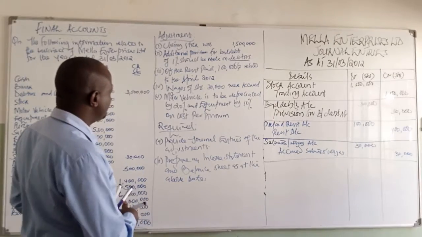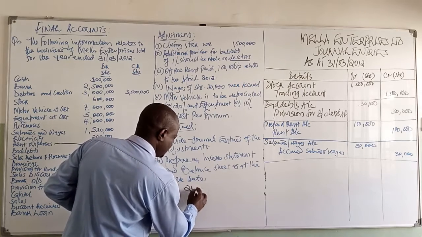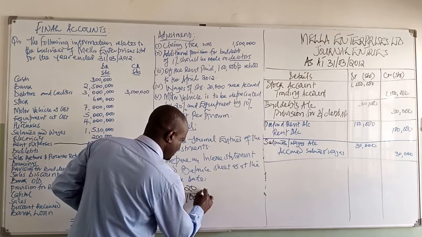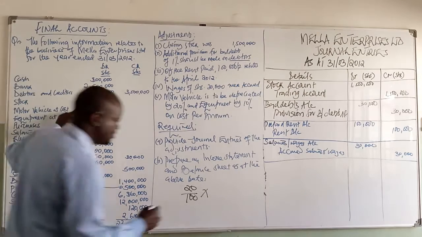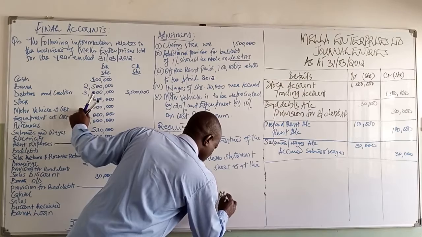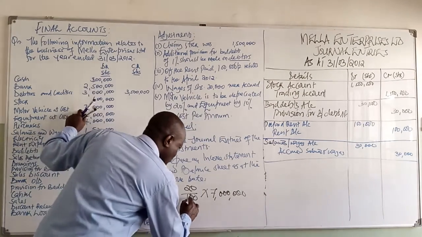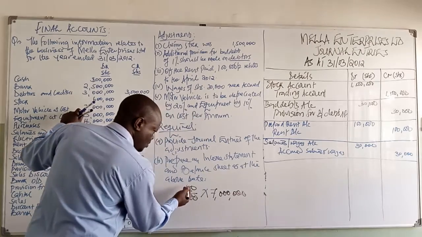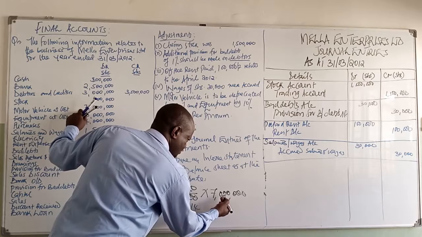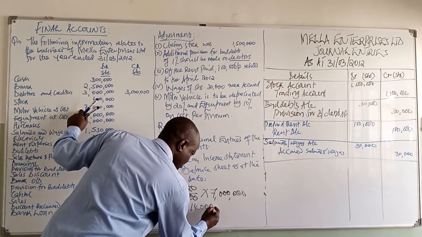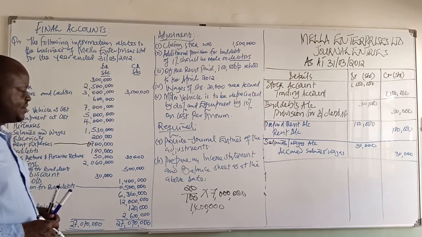Depreciation for the value of the motor vehicle, which is 20%, that's 20 out of 100 times the value for motor vehicle of 7 million. 2 times 7 is 14. How many zeros? 1, 2, 3, 4, 5. Which is 1,400,000.